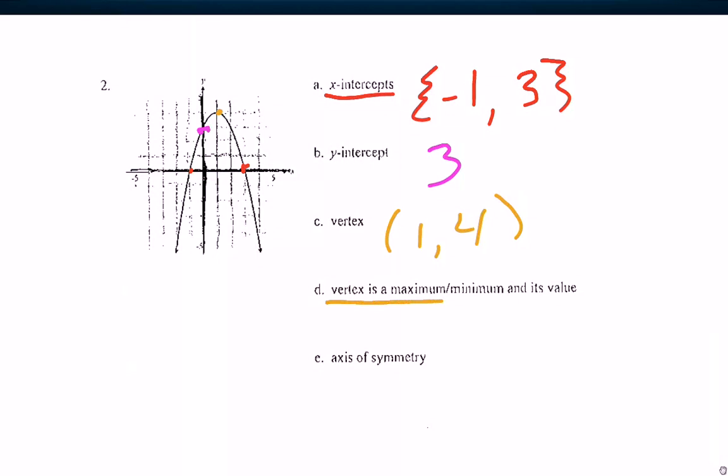There's a place where I can't go any higher on my graph, but these arrows mean I can keep going down forever. So my maximum is my y value, which is 4. So that means I can't get a y value higher than 4. And my axis of symmetry is x equals the x value, 1, of my vertex. Check it on the graph.